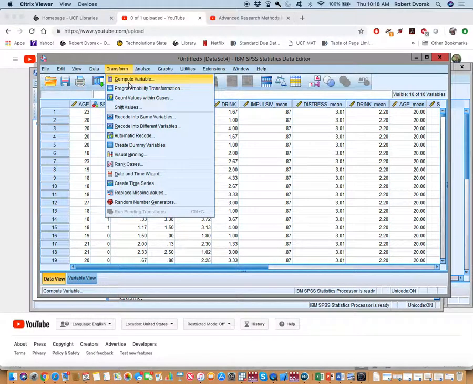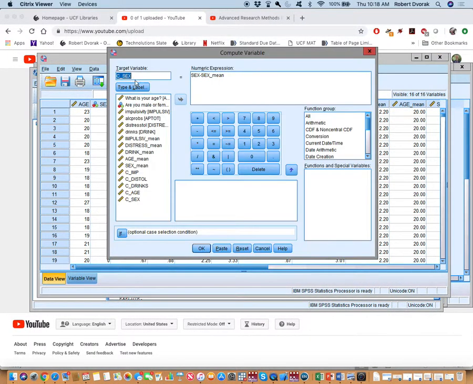Now we can multiply them. All right, transform, compute, and we are going to do C imp by C distol, impulsivity times distress tolerance. All right.